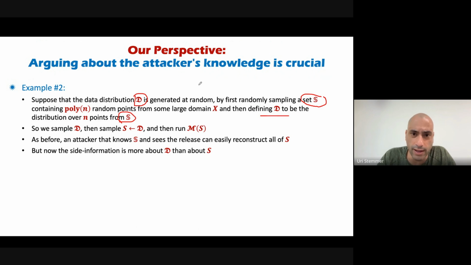If the attacker knows the superset and sees the release, which is the hash value of all of the points in the set S, then this attacker could still, just like before, identify all of the points in the sample S. Okay, but a conceptual modification here is that now this superset is part of the distribution D. So now the attacker's knowledge is more about the distribution rather than about the sample.